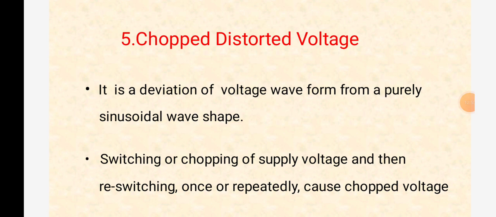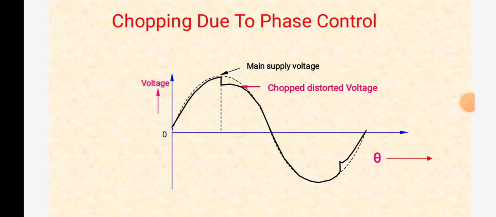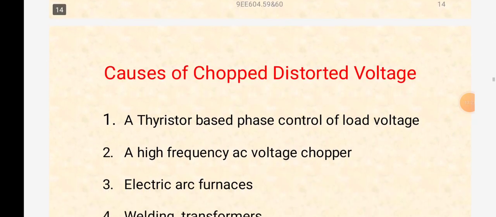Switching or chopping of supply voltage and then reswitching, once or repeatedly, causes chopped voltage. This is the diagram for chopping due to phase control. Here the dotted line is the main supply voltage, and the black line is the chopped disturbed voltage. So these are the disturbances of chopped distorted voltage.